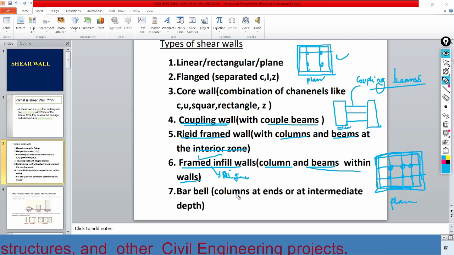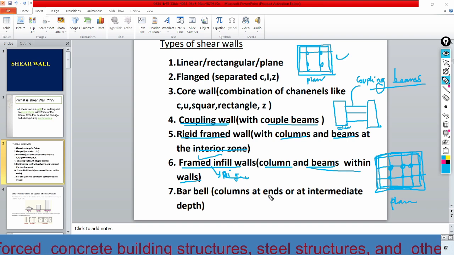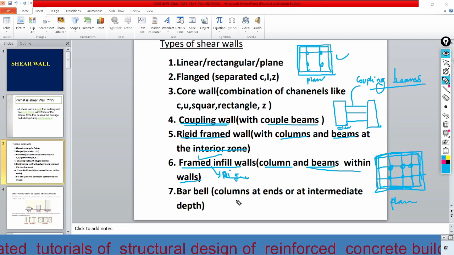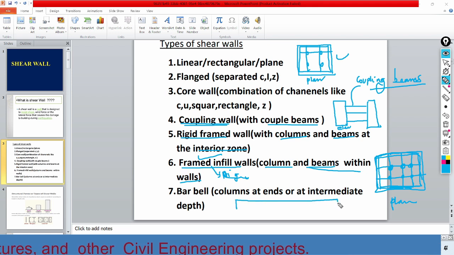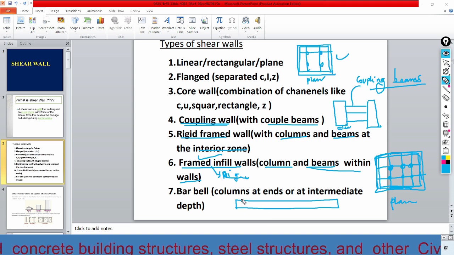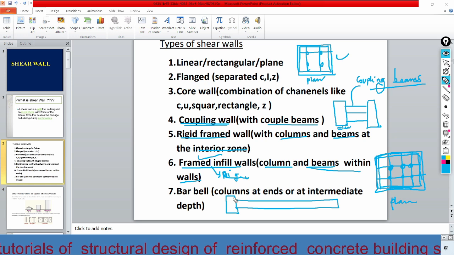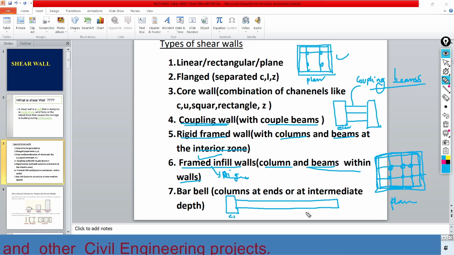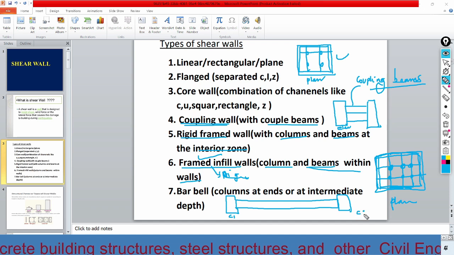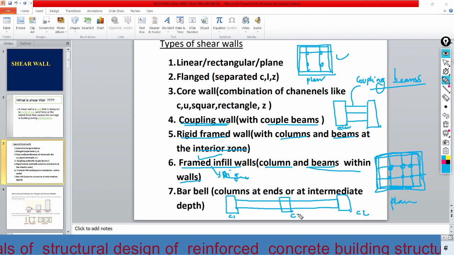And the other is the barbell wall, with columns at the ends or at intermediate locations. That means suppose we have a rectangular wall just like this, and here we may have a column, that is C1, and a column here, that is C2, or a column at an intermediate location, that is C3.